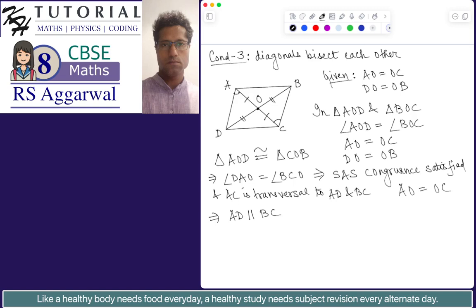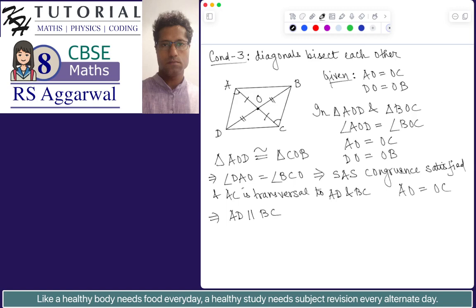Now, I think to prove that AB is parallel to DC, we need to consider two other triangles for congruence, that is triangle AOB and DOC. From the congruence relation of triangles AOD and BOC, we cannot prove that AB is parallel to DC because the sides AB and DC are not involved.